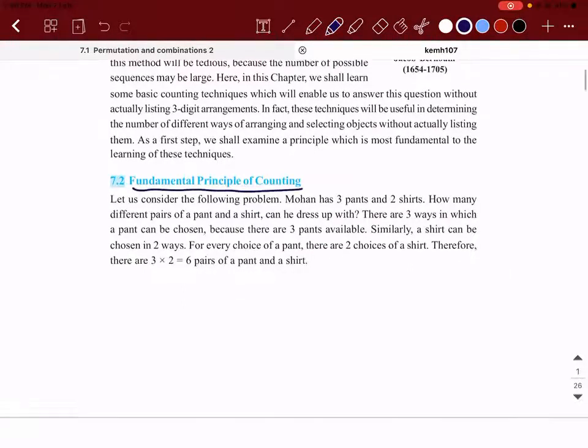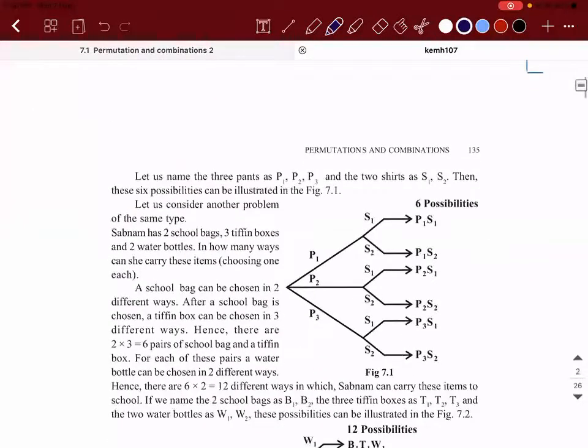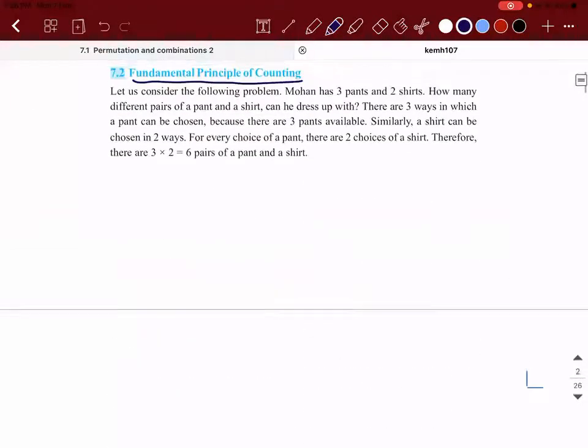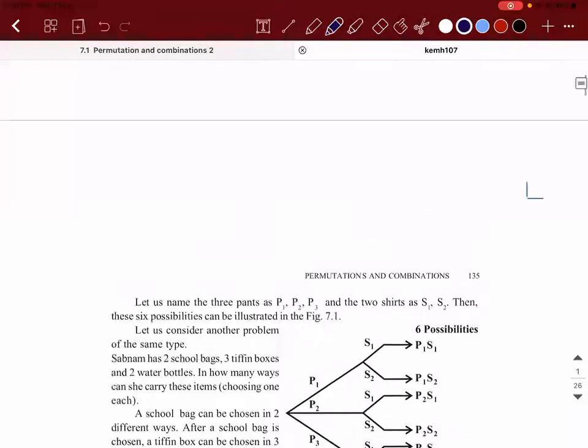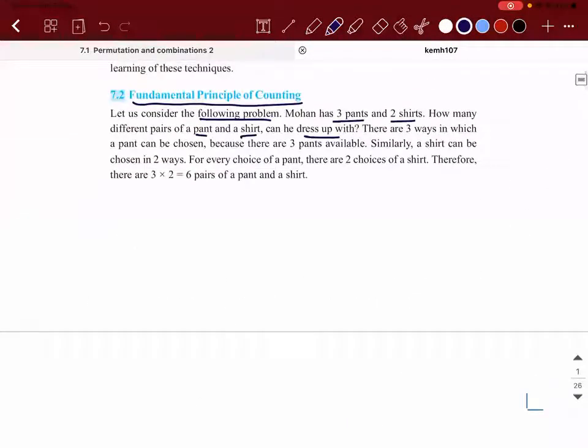So what is this fundamental principle of counting, guys? Anybody? Let's take an example and try to understand. Suppose Mohan has 3 pants and 2 shirts. How many different pairs of pant and shirt can he dress up with? So how many ways can he do it?